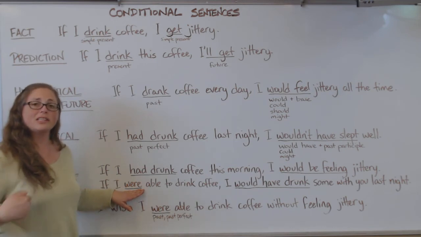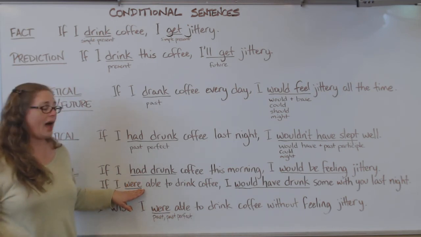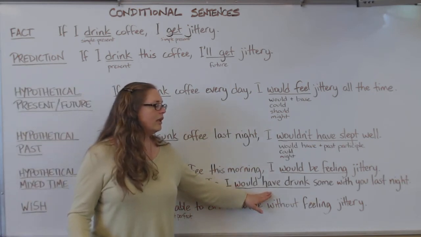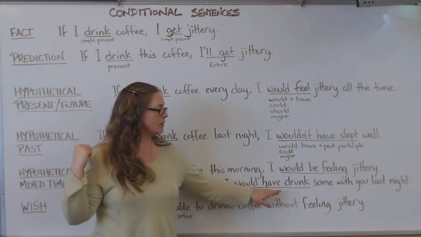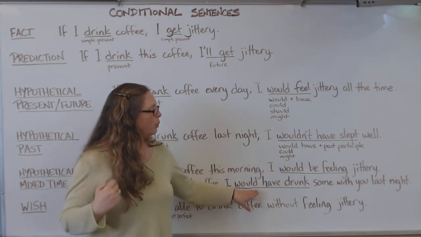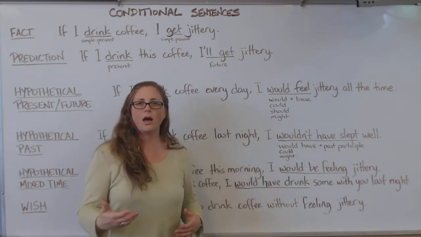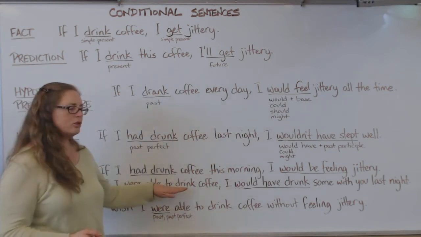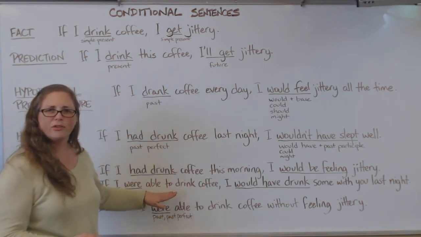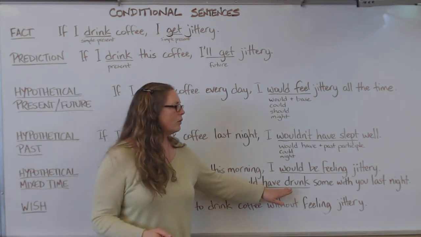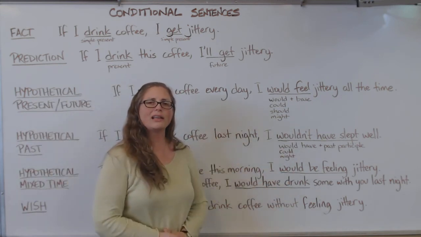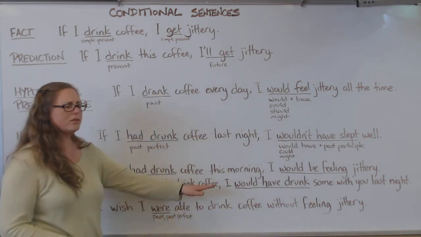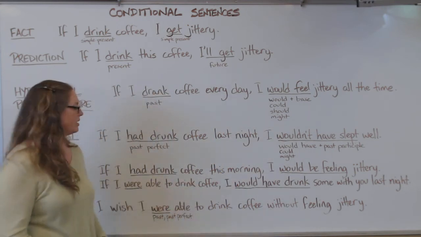So instead of the present, we use the simple past. If I were able to drink coffee, and then the result in the past, last night, I would have drunk some coffee with you last night. So I'm talking about a general truth for the condition and a result talking about last night in the past. This is not so common, but it is possible.